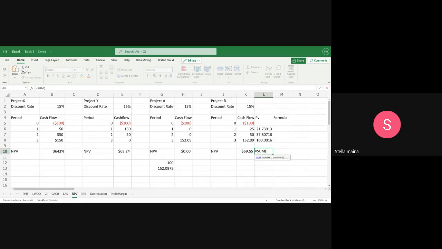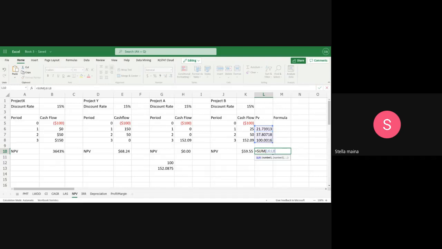So it's going to be sum from L6 up to L8.